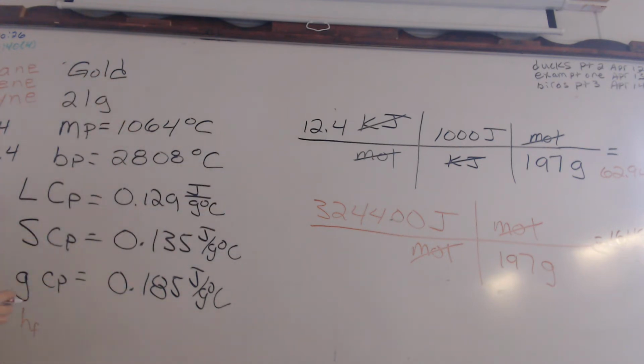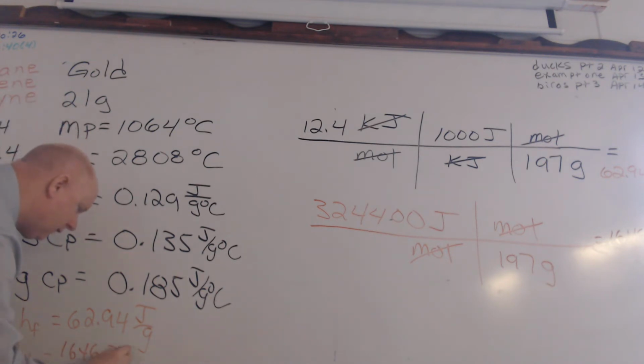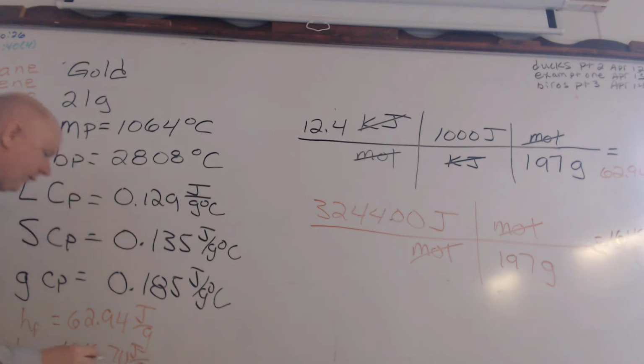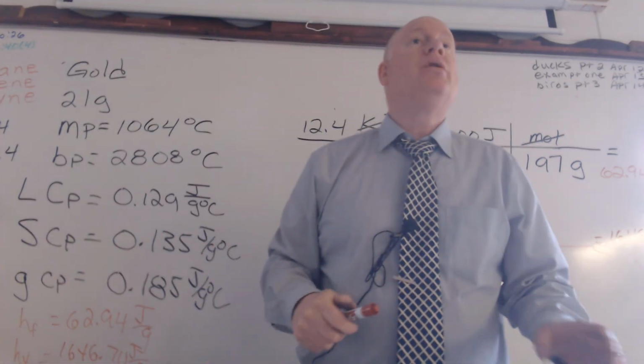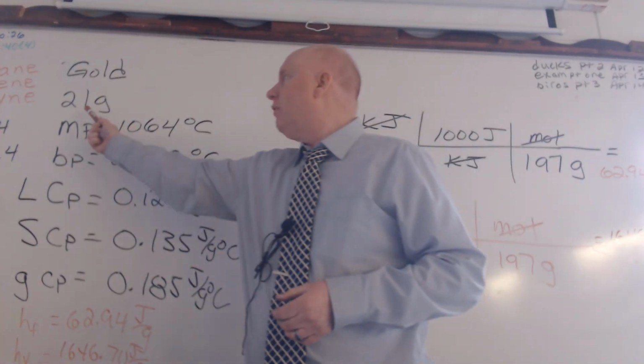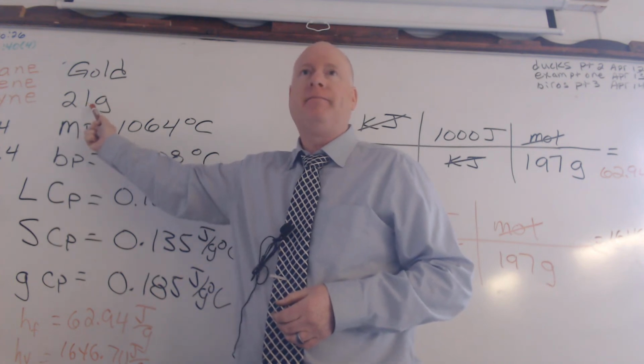Okay, so what do we say? 62.94. And heat of vaporization was 1646.70. Okay. So should we just start at room temperature with our 21 grams of gold?